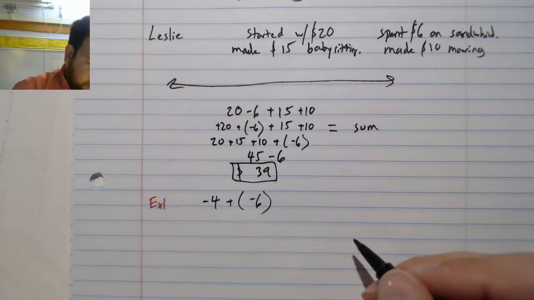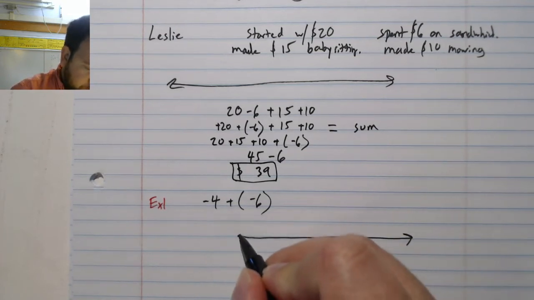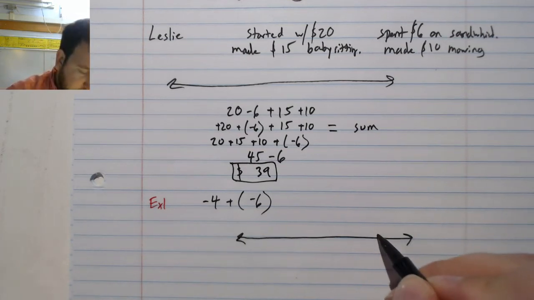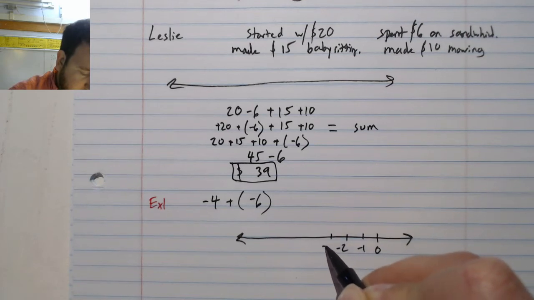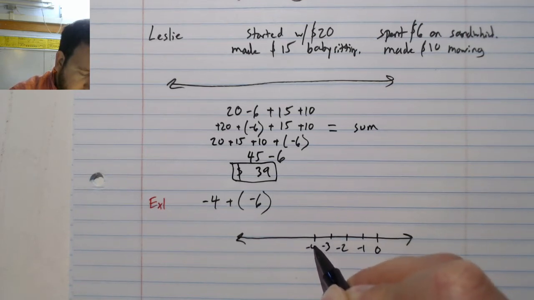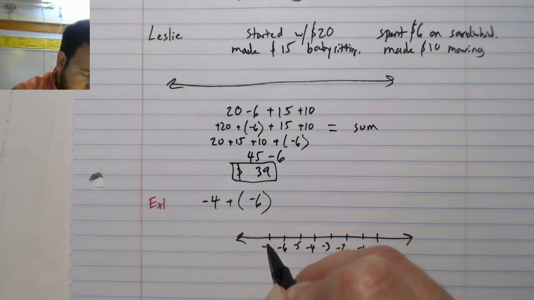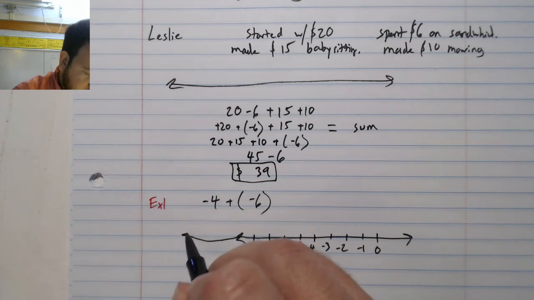All right, so let's build our number line. In this case, we're going to be looking lower. So I'm going to put my 0, my negative 1, my negative 2, and so on, and my number line wasn't long enough.